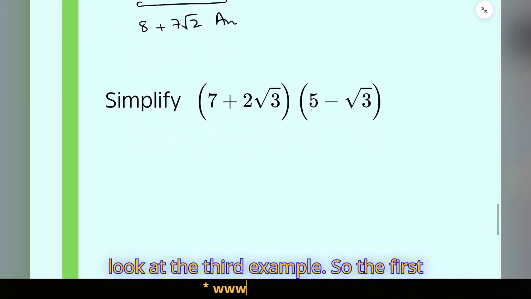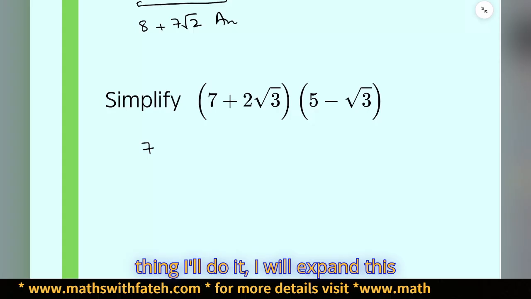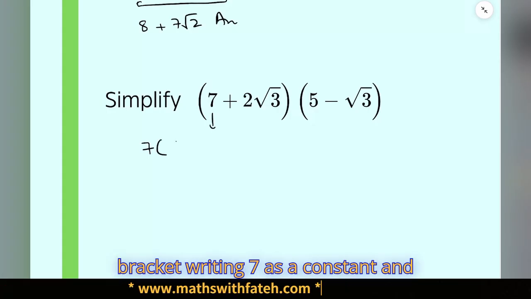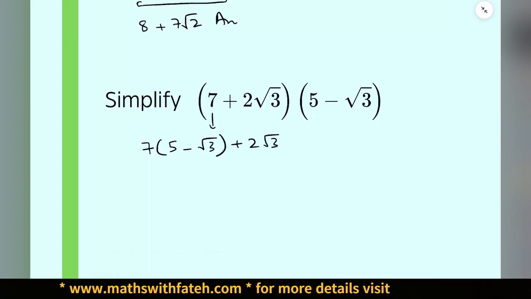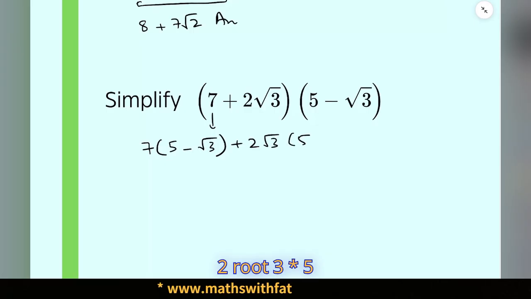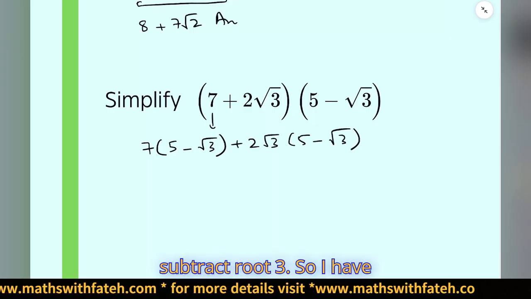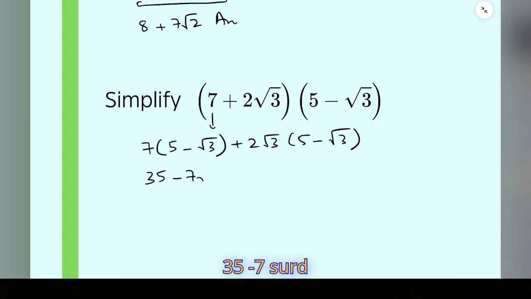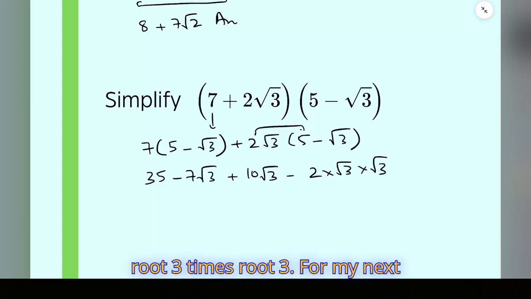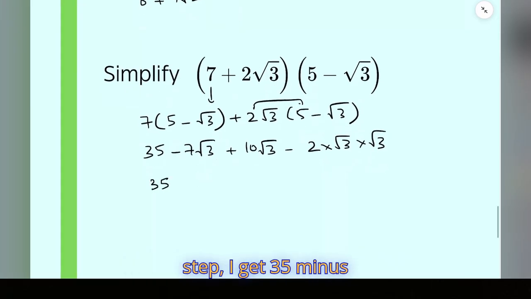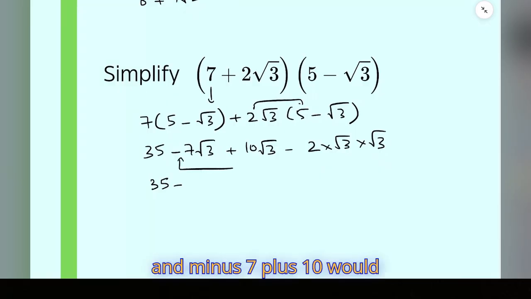Let's look at the third example. The first thing I'll do is expand this bracket, writing 7 as a constant and multiplying it by the next bracket, and then plus root 2 times the bracket, 2 root 3 times 5 subtract root 3. So I have 35 minus 7 root 3 plus 2 times 5, which becomes 10 root 3, minus 2 multiplied by root 3 times root 3. For my next step, I get 35, and minus 7 plus 10 would be 3 root 3.